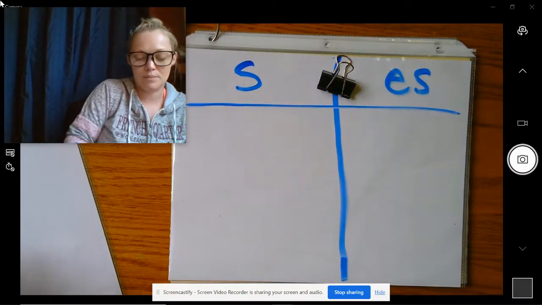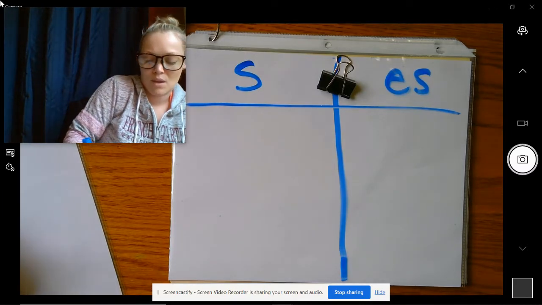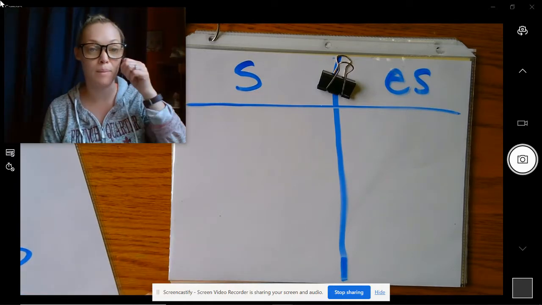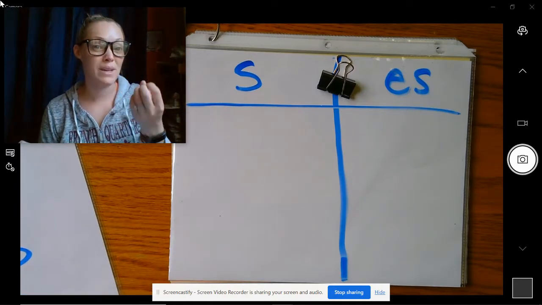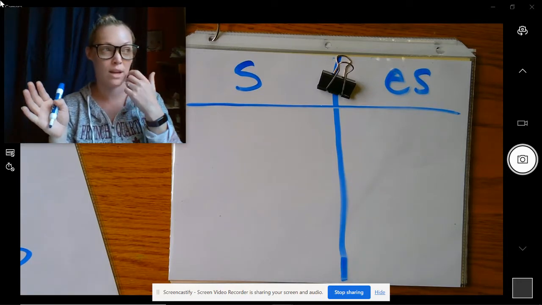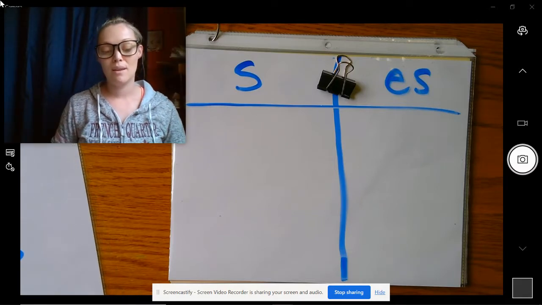Here's your next word. Maybe you miss the train. Sometimes when we're driving, we go across the train tracks, we miss the train and we don't have to wait for it.